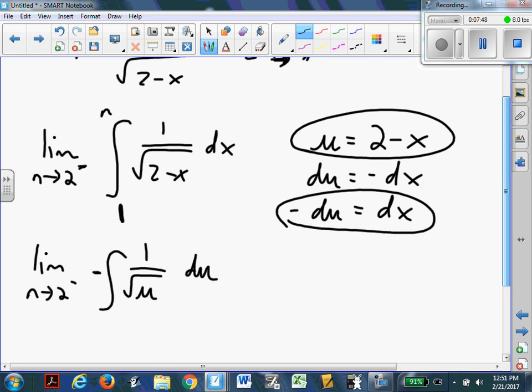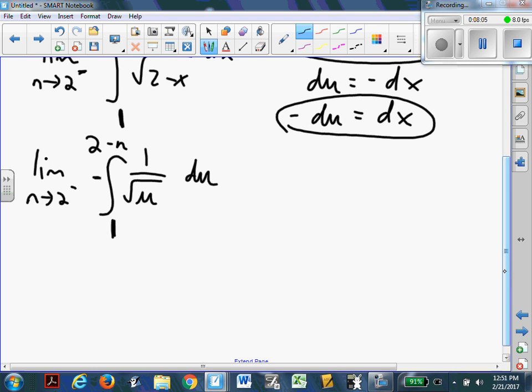When x is 1, plug in 1, and we get that u is 1, because 2 minus 1 is 1. And then on the top, we would have 2 minus n. Okay? And now this is the limit as n approaches 2 from the left of the integral from 1 to 2 minus n of negative. This is just u to the negative 1/2 du.